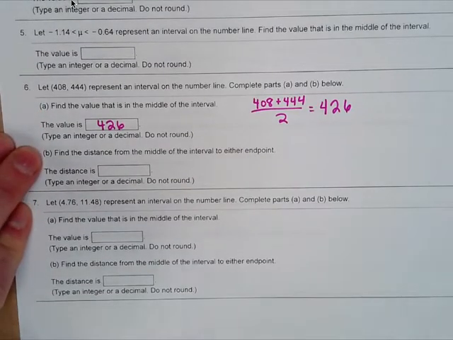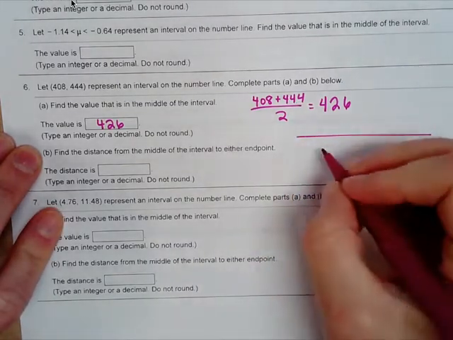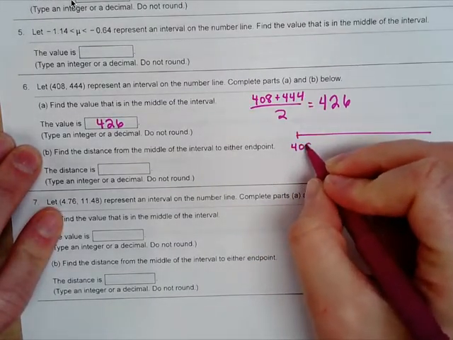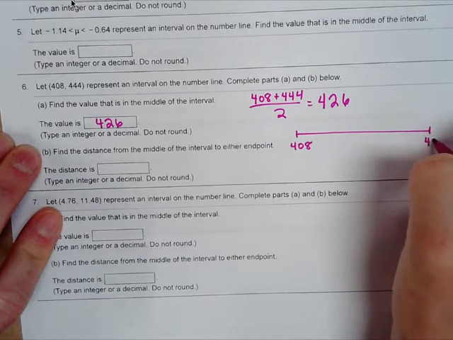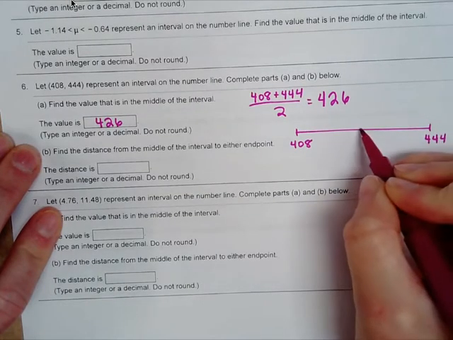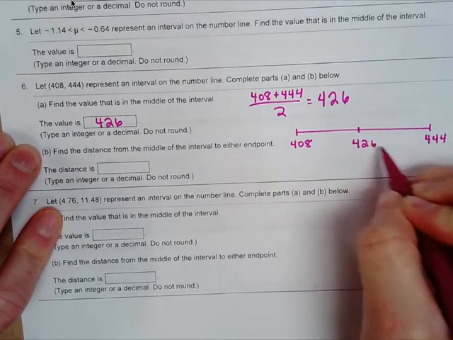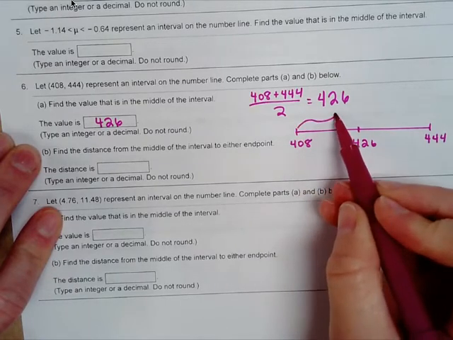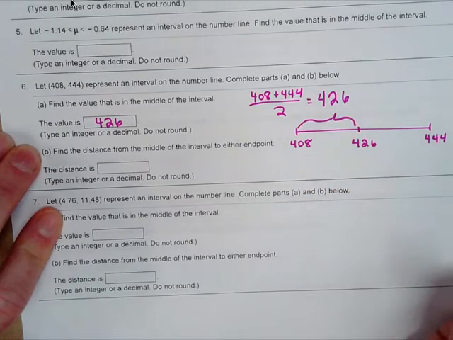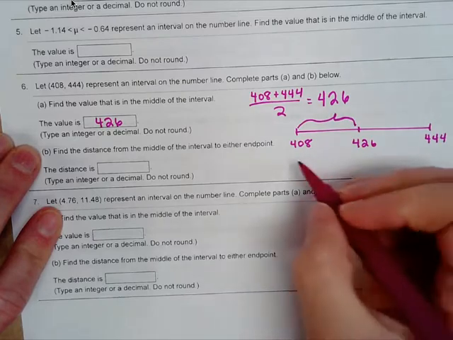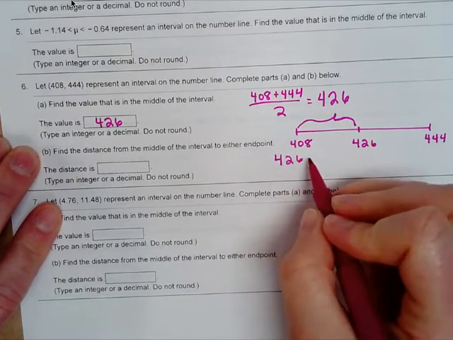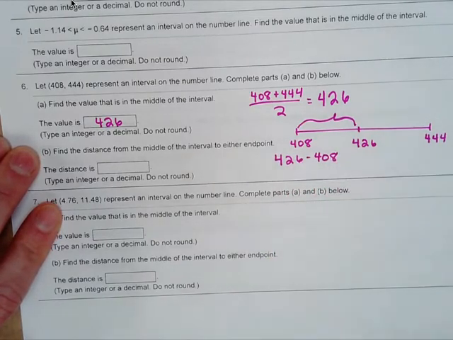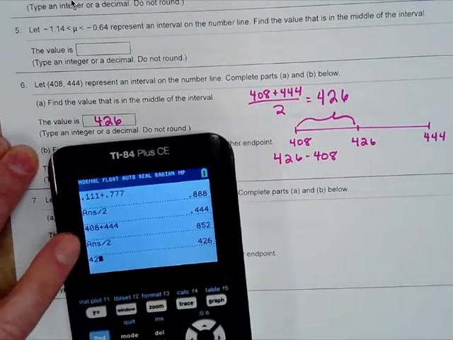The next step is find the distance from the middle of the interval to either endpoint. So if we think about our number line, 408 to 444, and directly in the middle is 426. So it's saying, what is this distance? So we'd need to find the difference between that by subtracting.